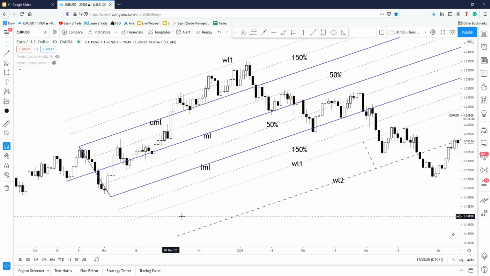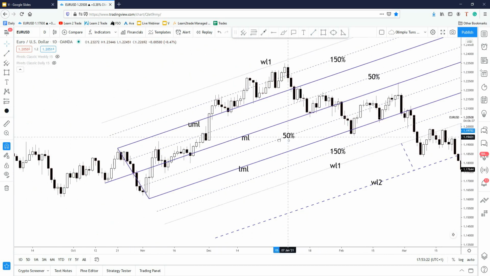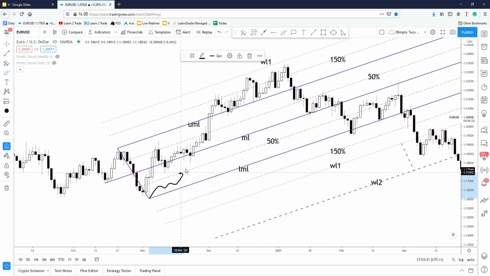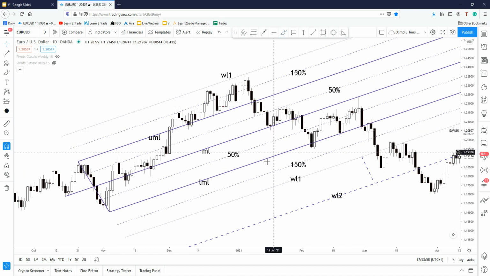And here as well, let's say that the price starts increasing after testing, retesting the lower medium line, maybe something like this, and you can use the downside 50% Fibonacci line as a potential target and not the medium line, because there are situations when the price fails to reach the medium line, and it could only increase to approach and reach the 50% Fibonacci lines from inside of an ascending pitchfork or on a descending pitchfork.